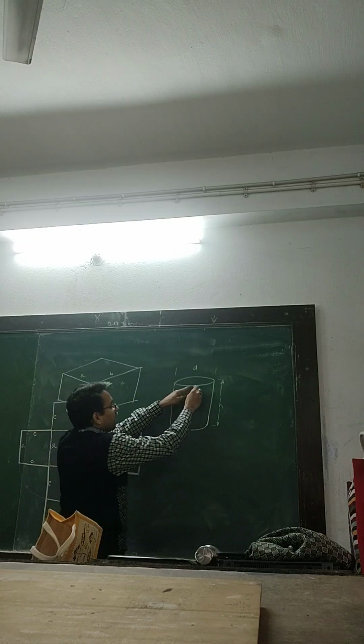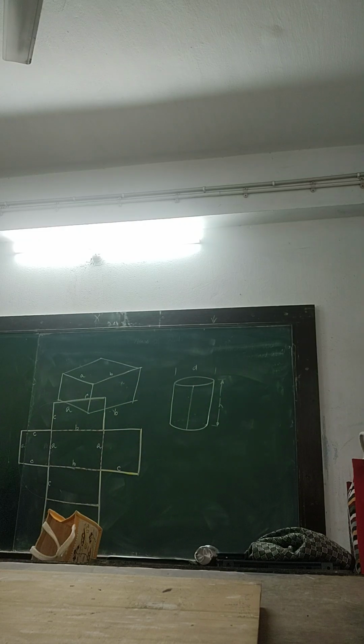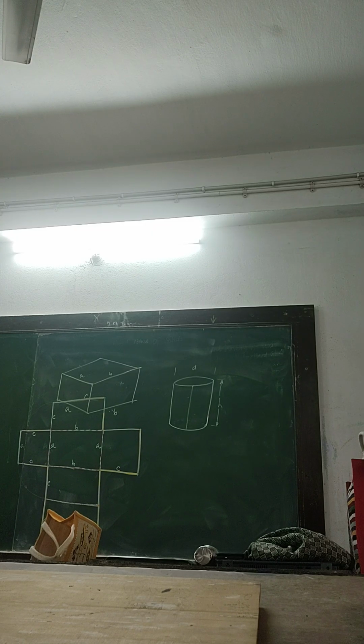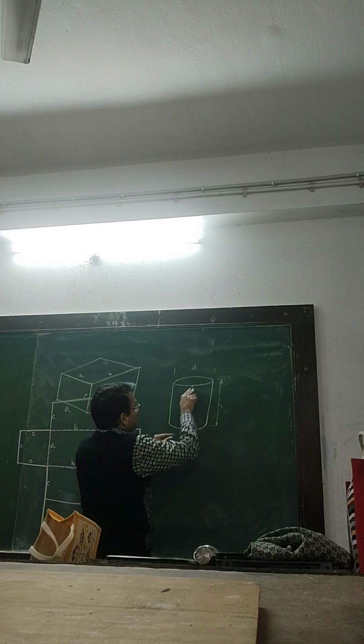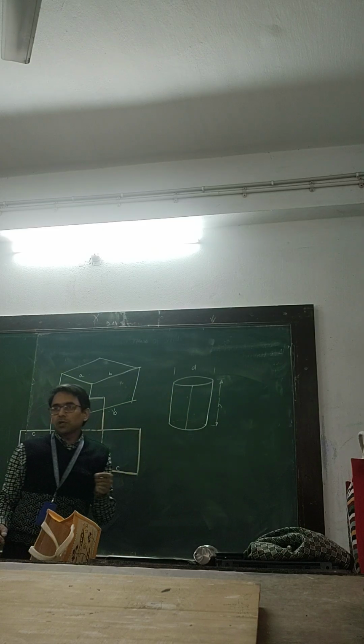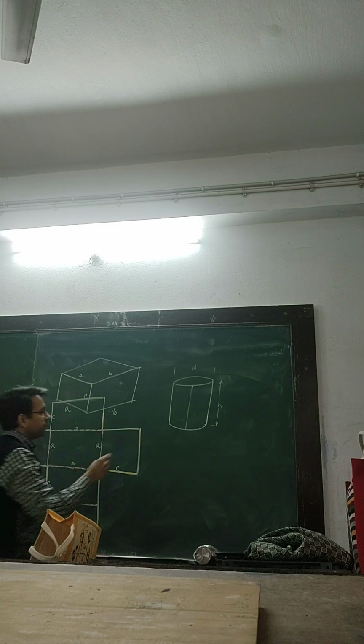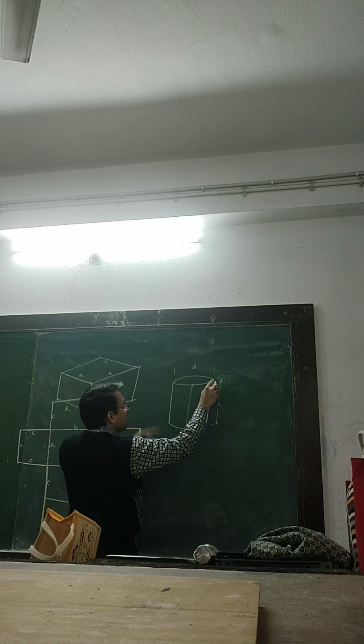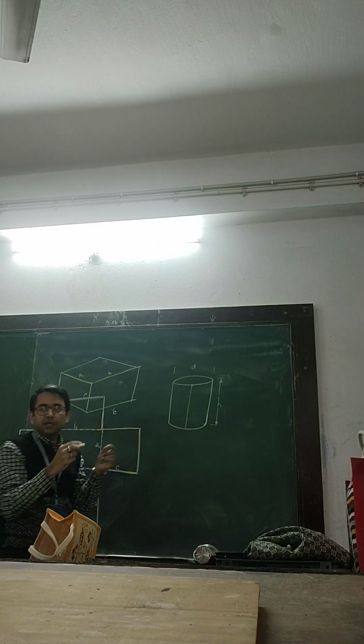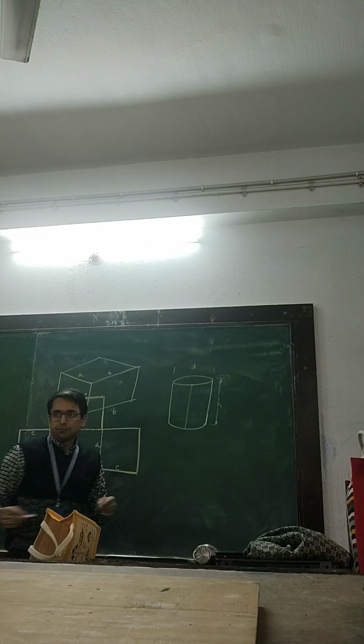So what will be the unfolded length? Can you tell? After I unfold, how much will be the length? When you cut it and then unfold, what will be the total length? Pi d. This will be pi d. The diameter is d, but the length will be the perimeter. So it will be pi d.